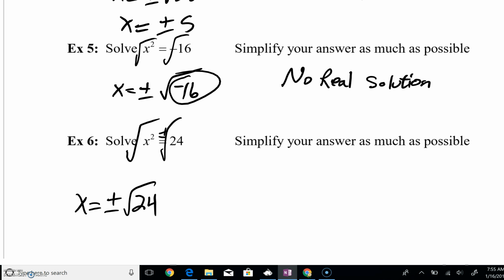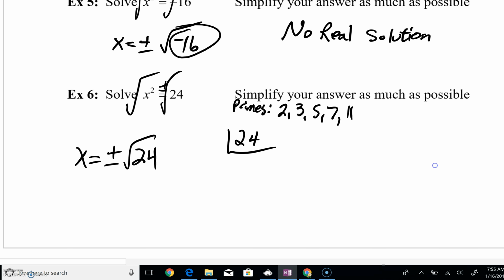You could make a factor tree or you could make a division tree. Work with primes. The prime numbers were 2, 3, 5, 7, and 11. I make an upside down division tree and I could say, well, start with the smallest one. Start with the 2. 24 divided by 2 is a 12.